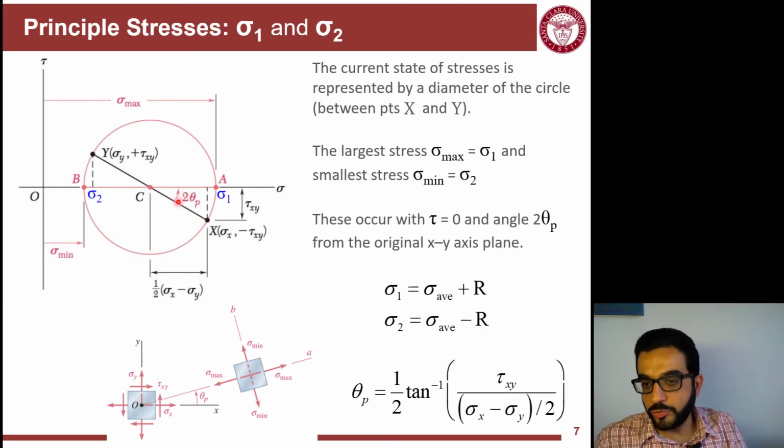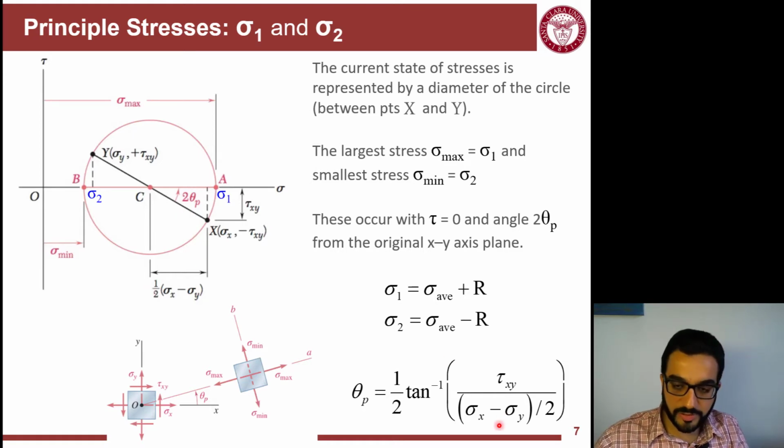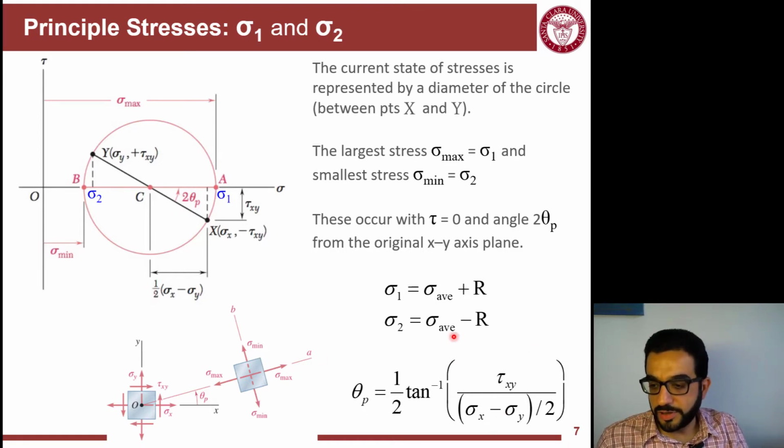When I rotate that 2 theta p, using that same triangle that I used to figure out the radius, 2 theta p is equal to tan inverse of the vertical side of the triangle, tau xy, divided by the horizontal side of the triangle, which is half of sigma x minus sigma y. That will give us theta p, the angle of the principal stresses, as shown here.